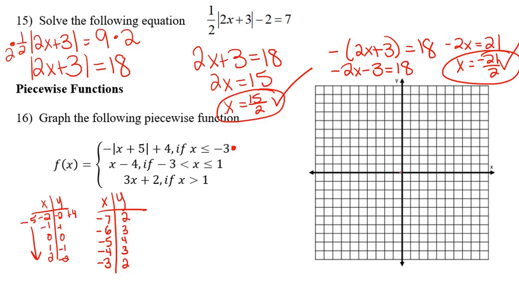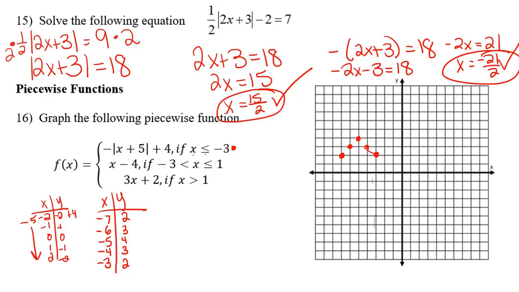I'm not going to actually draw the lines, but I'm going to graph the dots. 1, 2, 3, 4, 5, 6, 7, up 2. -6, up 3. -5, up 4. And then down. Now, notice, I can only have this graph as long as my x values are smaller than -3, which would be right here, right? That's where -3 is. So on the left, I'm allowed to have this graph.